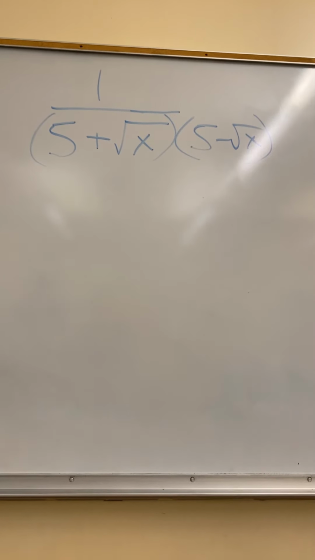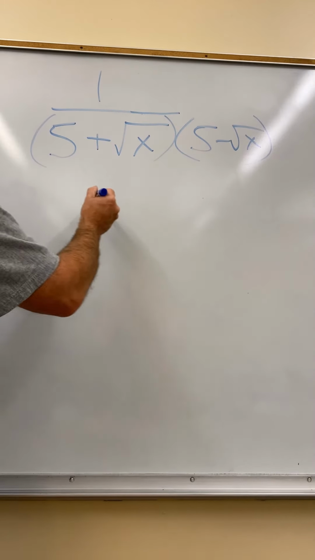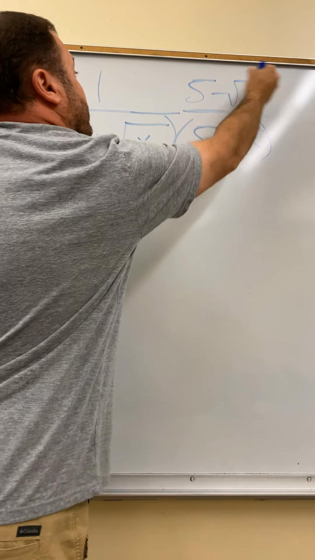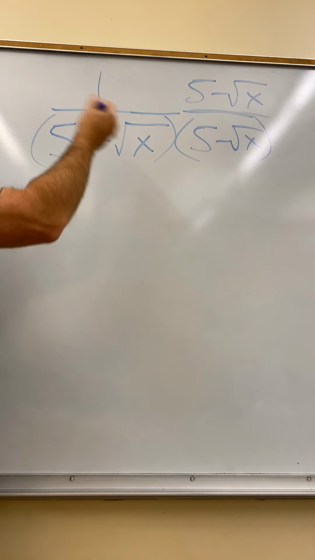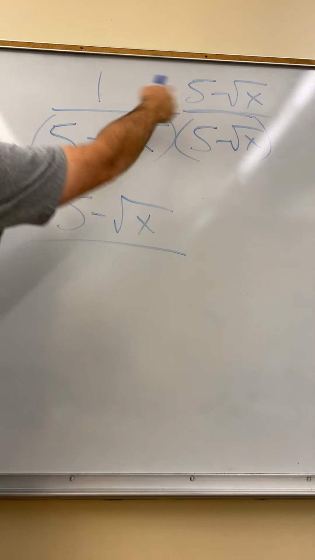So now that I have that, I'm going to have to multiply the top and bottom both by that. So the top turns out to be 5 minus square root of x, because you multiply that times 1.